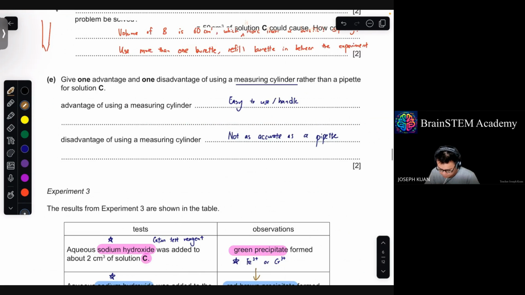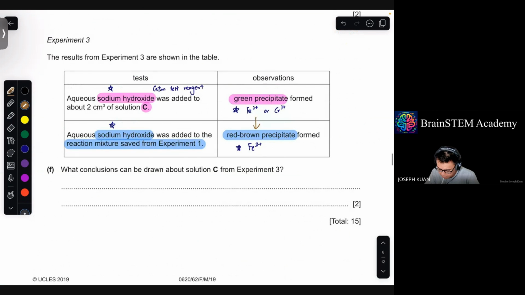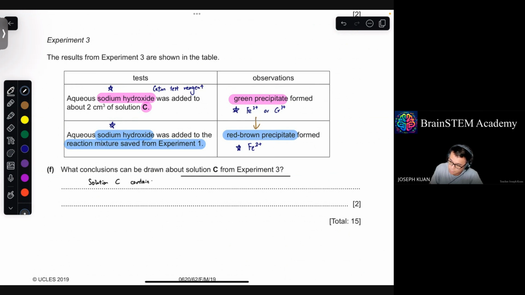Right, so what conclusions can be drawn about solution C from experiment 3? So solution C contains iron(II) ions. All right, that's why it forms a green precipitate after you add sodium hydroxide.